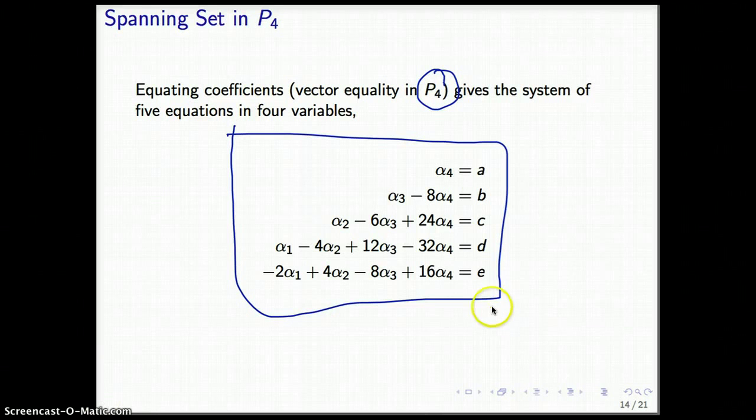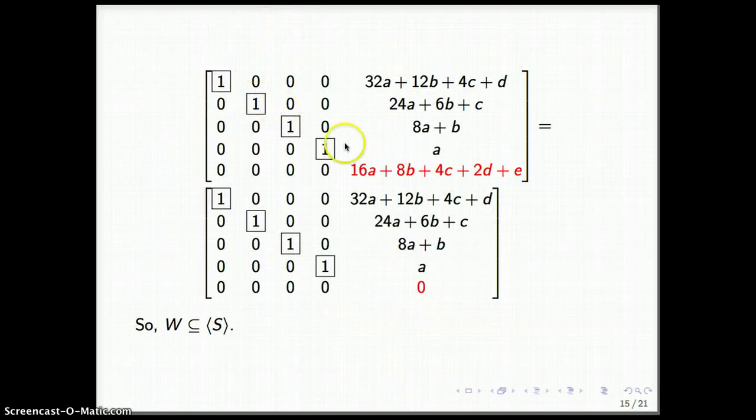So to finish our proof, what we have to do is to solve these equations. Don't be distracted by these A, B, C, D, and E. They are constants, but we need to find values for alpha 1, alpha 2, and alpha 3. So form an augmented matrix and row reduce. And this is what we'll be finding, with the caveat that this last line here is exactly equal to 0 because of the way in which we're thinking of this problem, one of the assumptions we made.